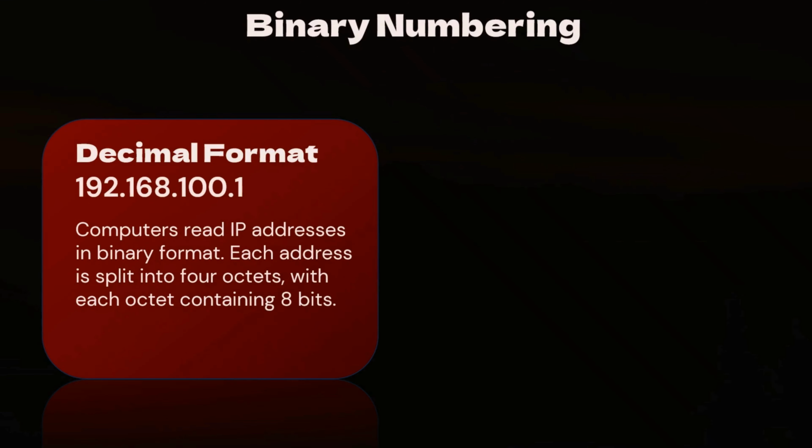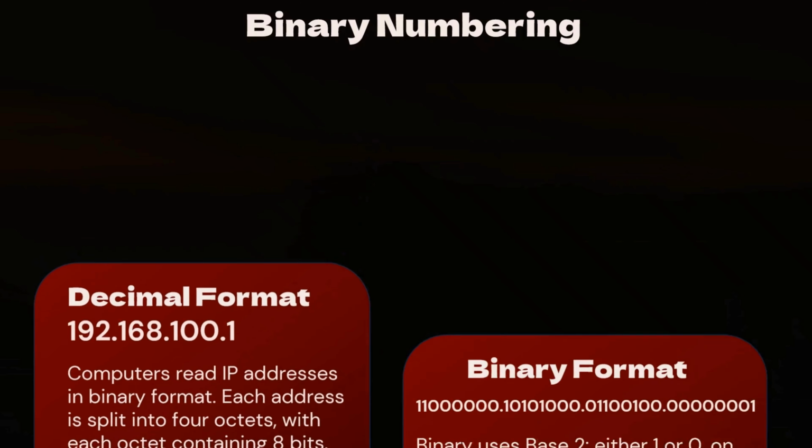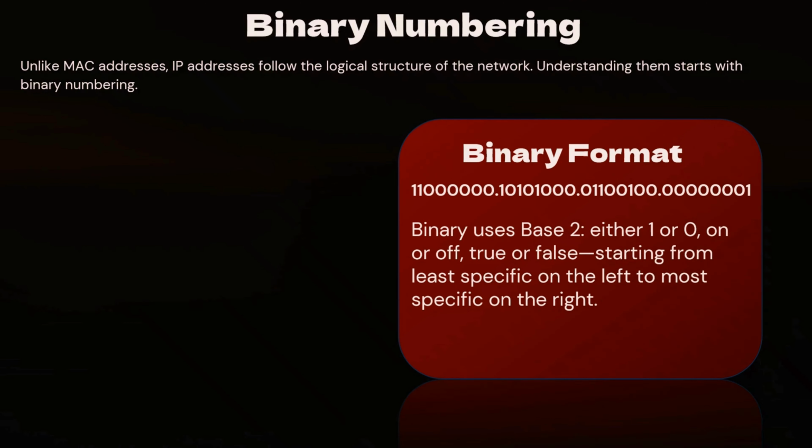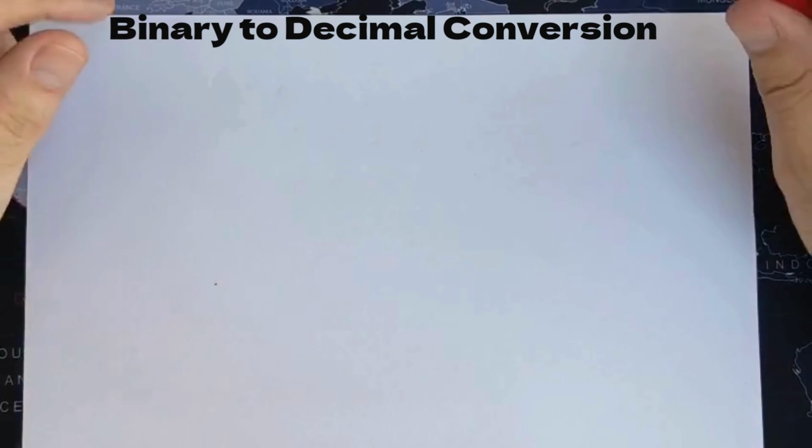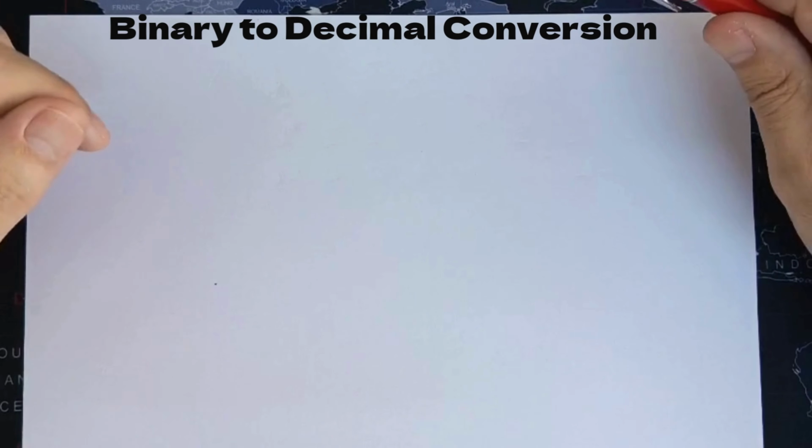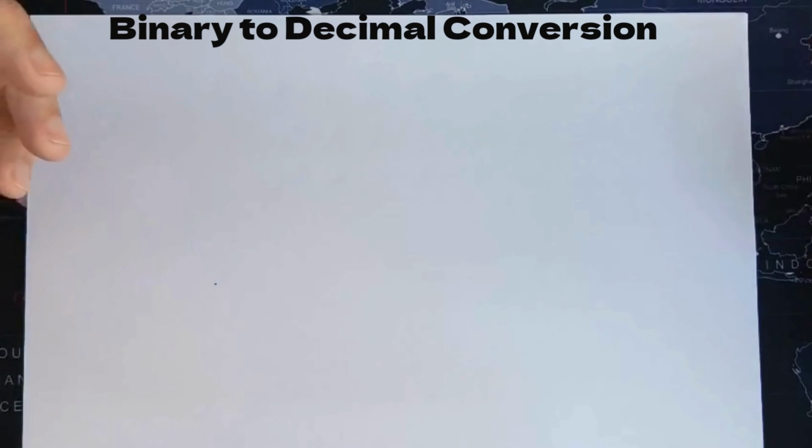For example, the decimal IP address 192.168.100.1 is written in binary as shown. Each IP address is split into 4 octets. Each octet has 8 bits.